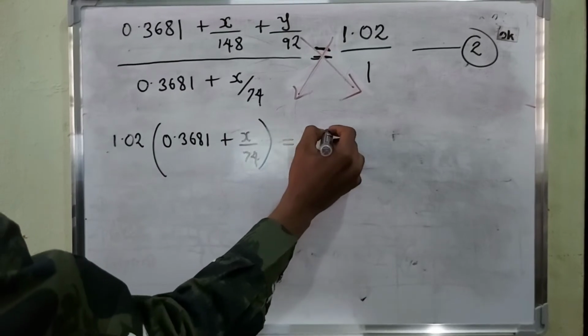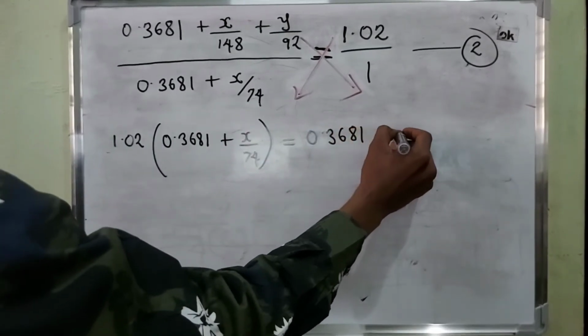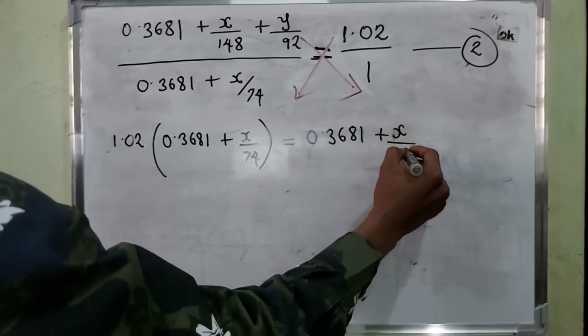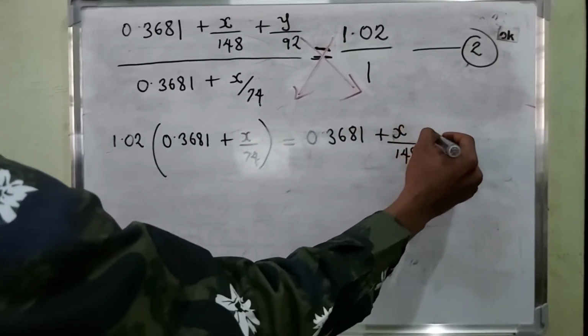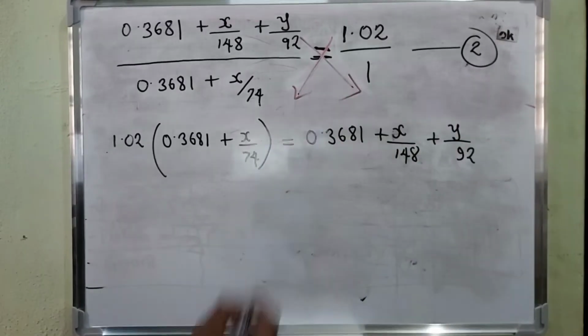So we have 0.3681 plus x over 148 plus y over 92.